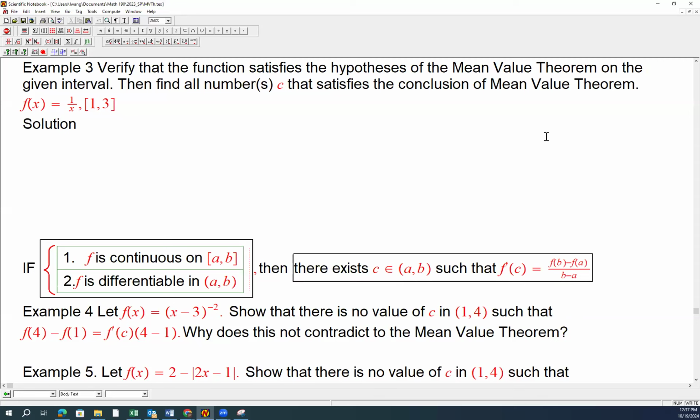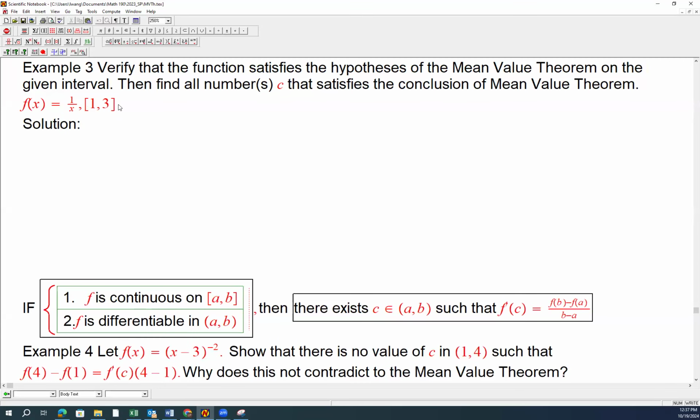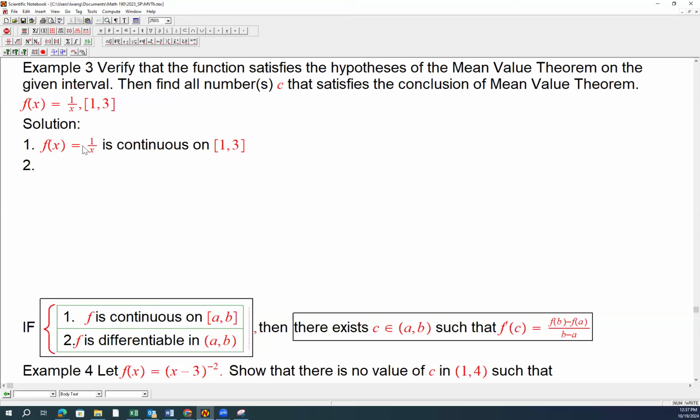So we're going to say, okay, the function is continuous on the interval. And it is differentiable in the interval from 1 to 3.